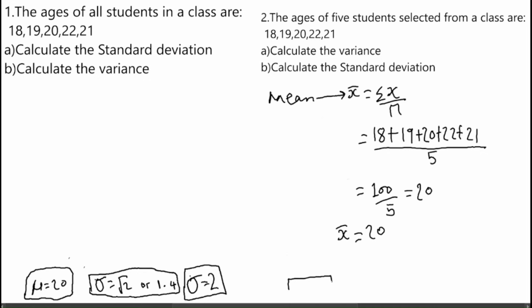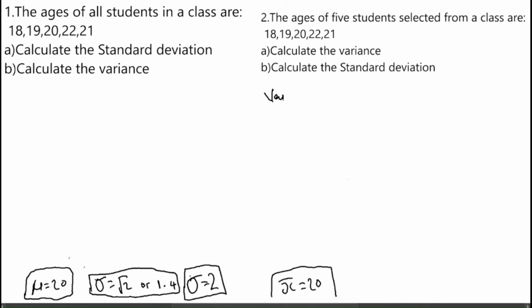Let's save it here. So to calculate the variance of the sample, s square is equal to the summation of x minus the sample mean square divided by n minus 1. Now recall, for population variance, the denominator is n, but for sample variance, the denominator is n minus 1.